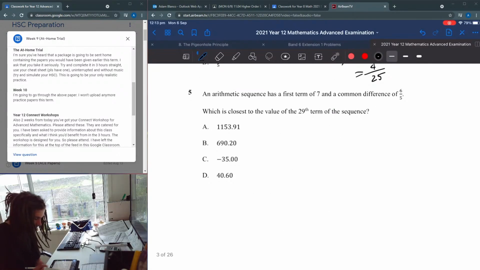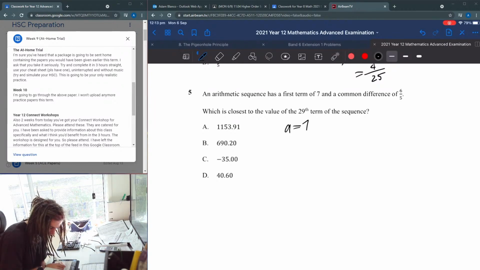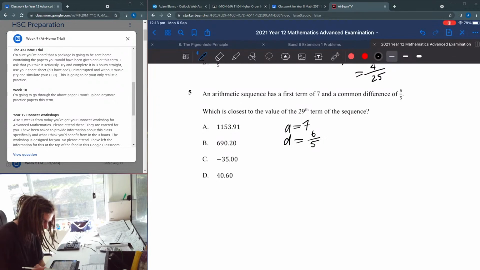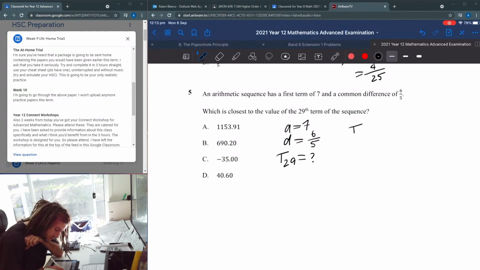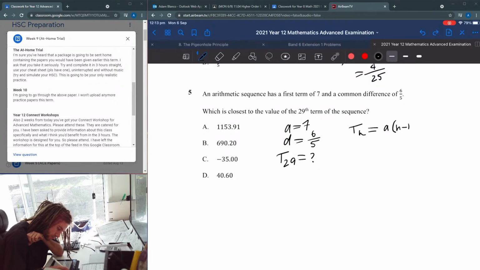Arithmetic sequence has first term 7 and common difference 6 on 5. What's the closest value of the 29th term, so T29? T of n is A plus n minus 1 D, almost stuffed it up. I know what A is. I know what D is.